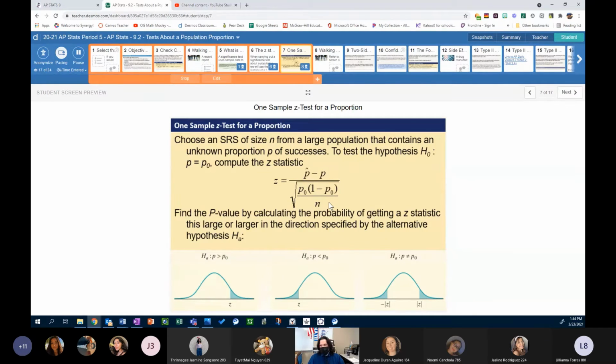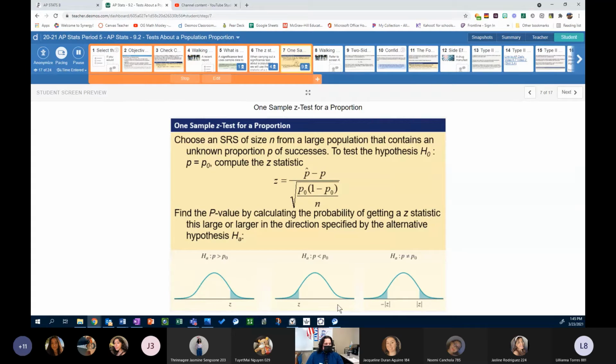It is very important when you make notation for this that that is a subscript 0 and not just a 0 next to the p, because 0 next to the p implies multiplying by 0, and that means 0. So be careful with your notations. Find the p-value by calculating the probability of getting a Z statistic this large or larger in the direction specified by the alternative hypothesis, H sub a.